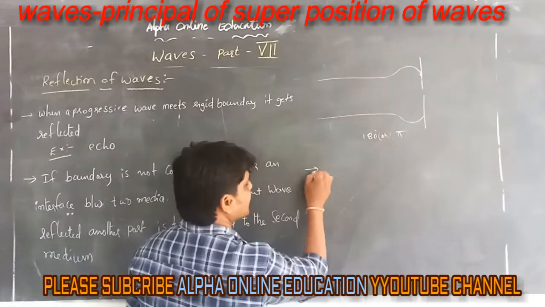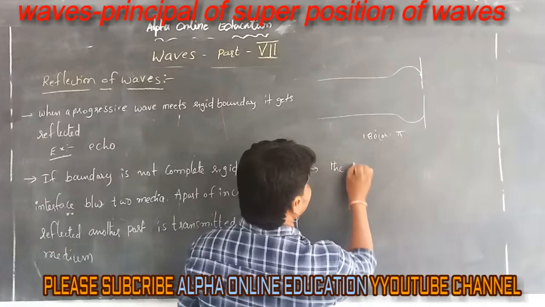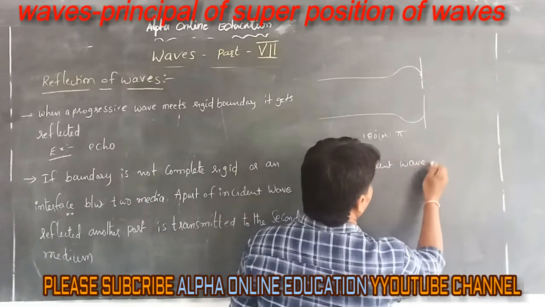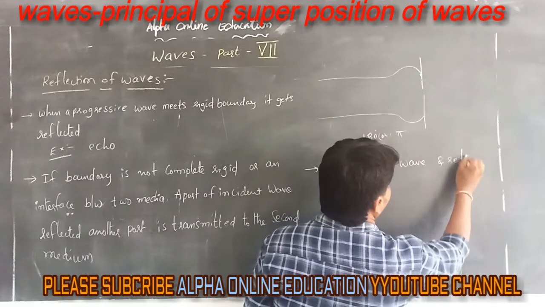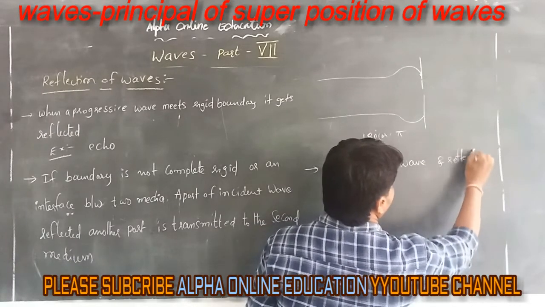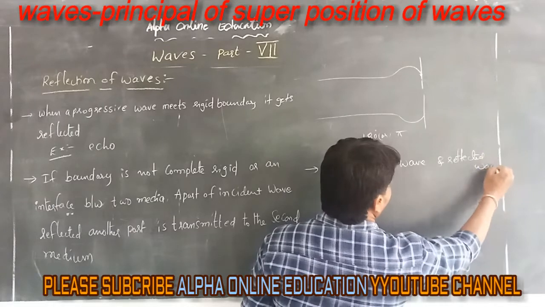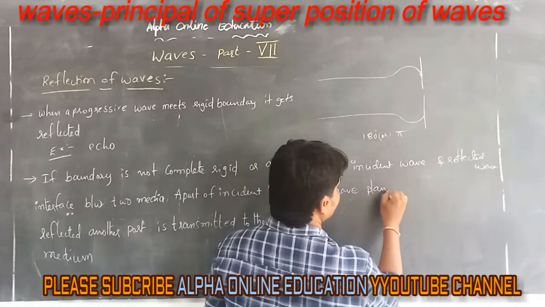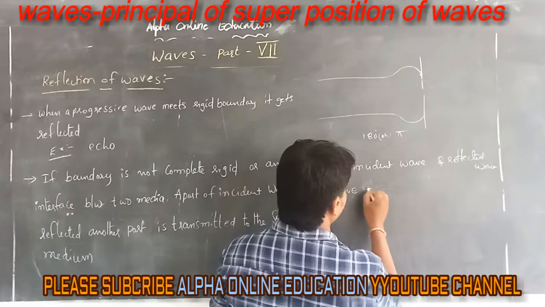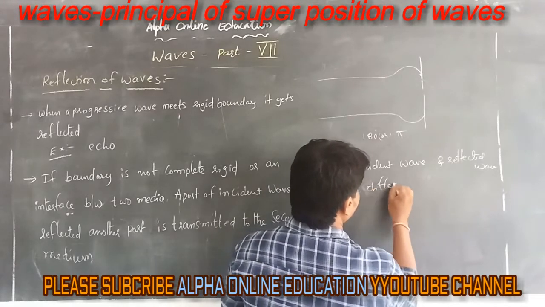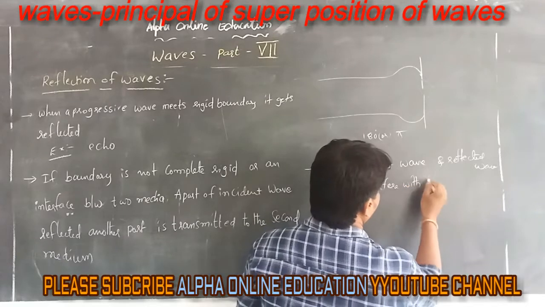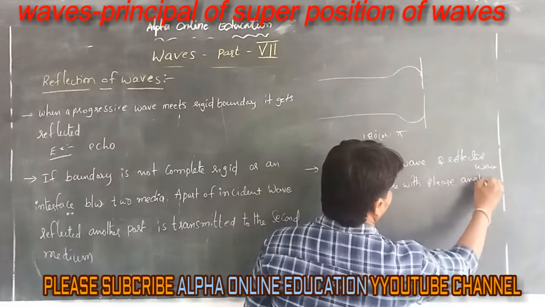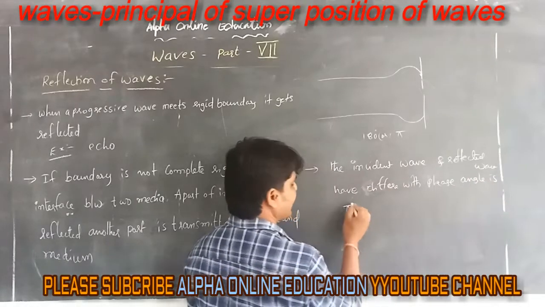Means here the incident wave and reflected wave differ in phase angle by pi radians.